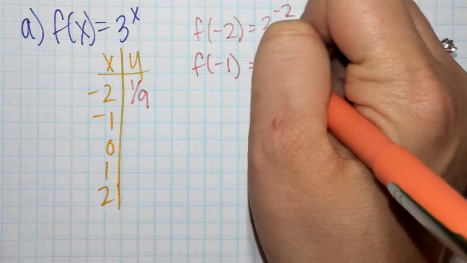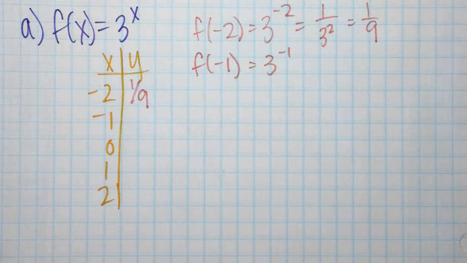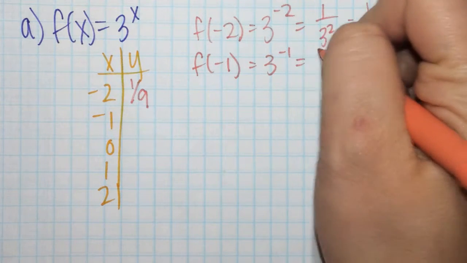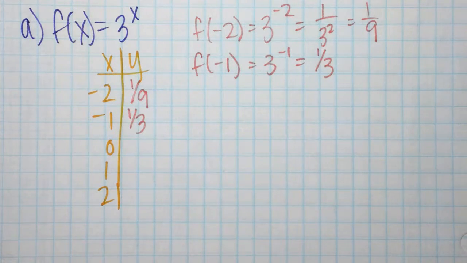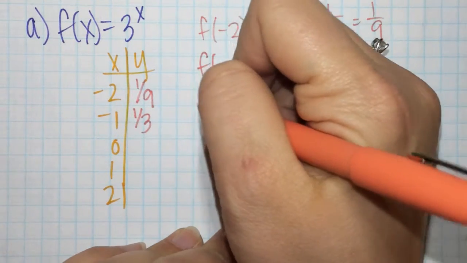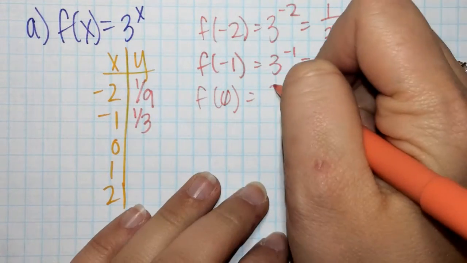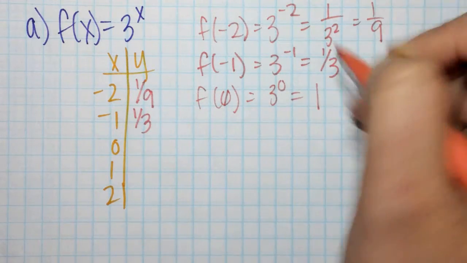Then f at -1 equals 3 to the -1. Can we have a negative exponent? No. What do we do? We flip it. So it's 1/3. Now we're going to plug in 0. What is anything to the 0 power? 1.